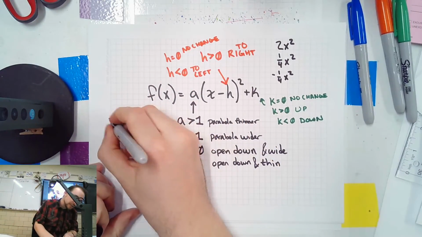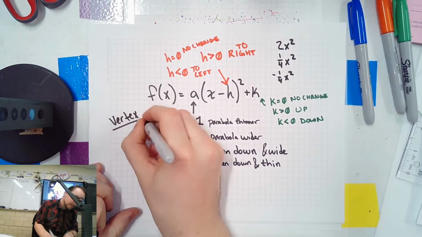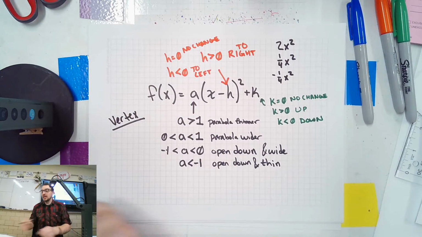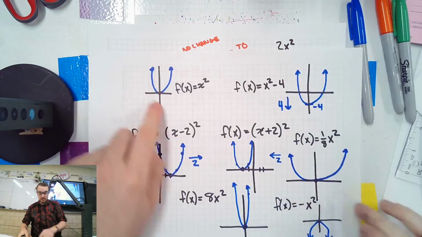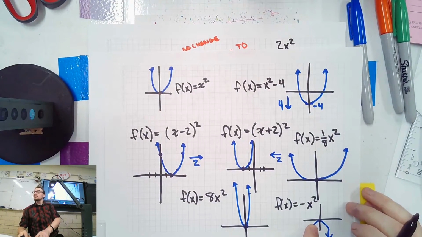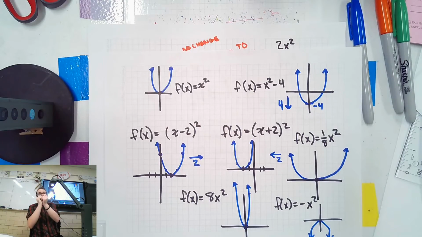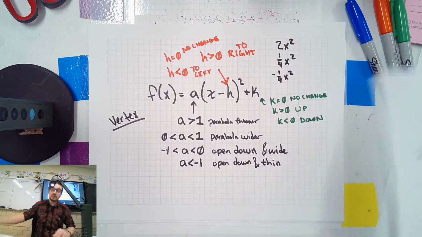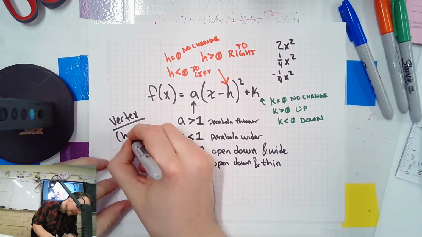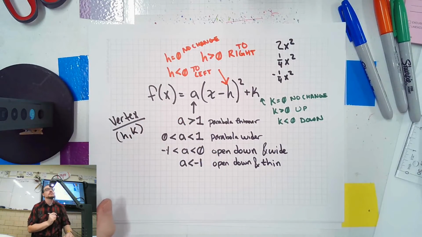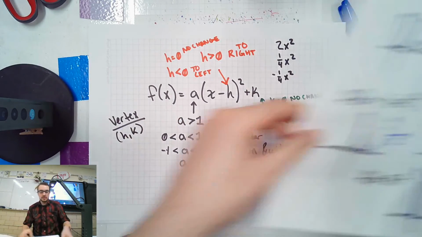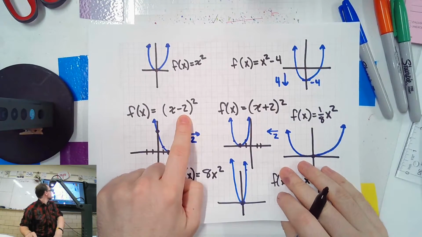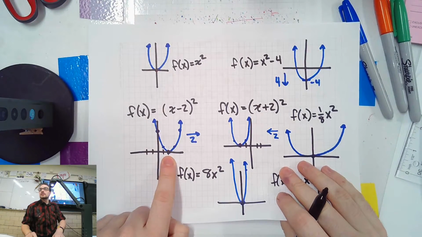We said we had a vertex, right? The vertex is the bottom of the parabola, or sometimes the top, when it's negative, right? It's that point where it comes together. Turns out the vertex is whatever your H and K are. That makes sense. Because if H is this, then our vertex is here, right?